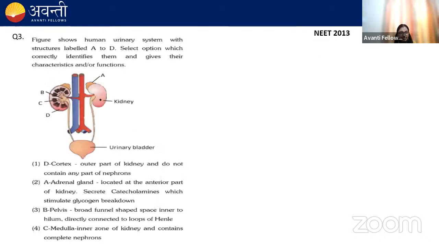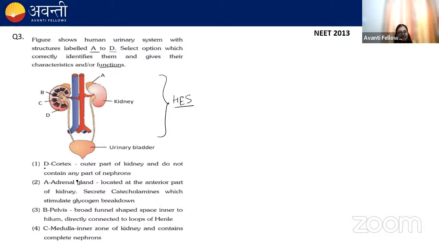Now moving next. The figure shows the human urinary system with the structures labeled A to D. Select the option which correctly identifies them and gives their characteristics and or function. So this is the human excretory system. Option 1 says D is cortex, the outer part of the kidney, and does not contain any part of the nephron.